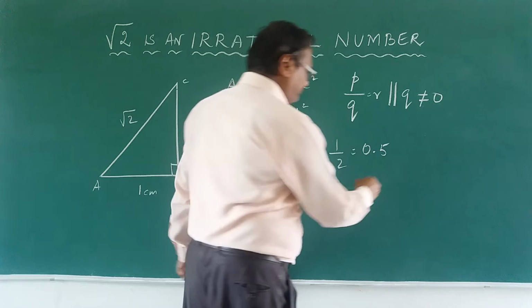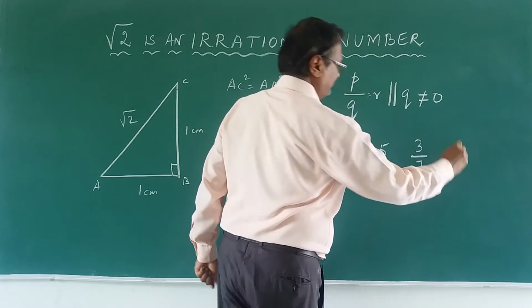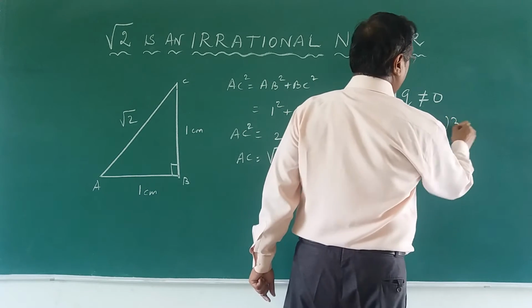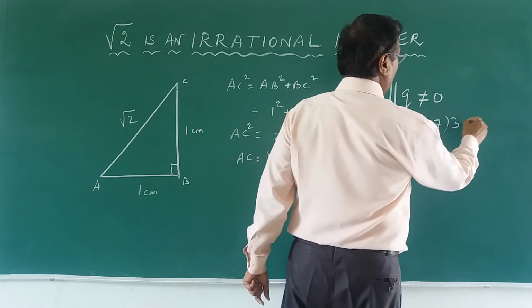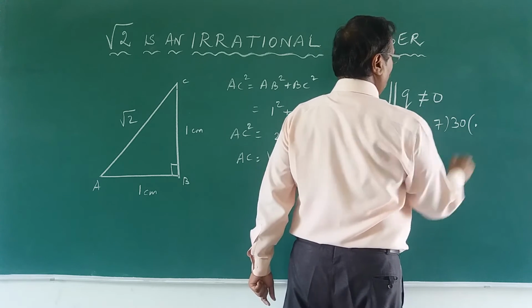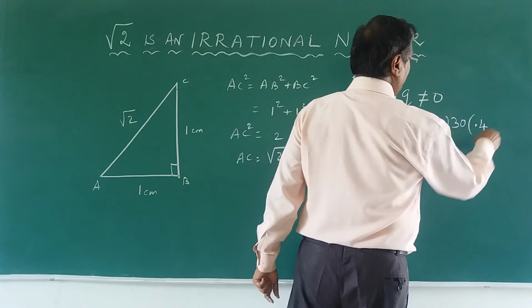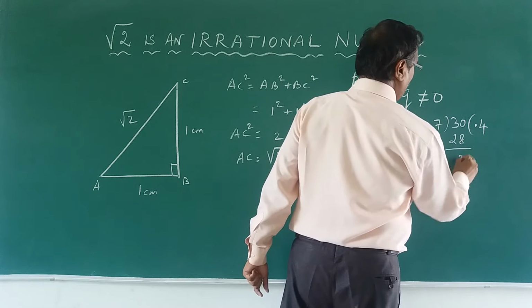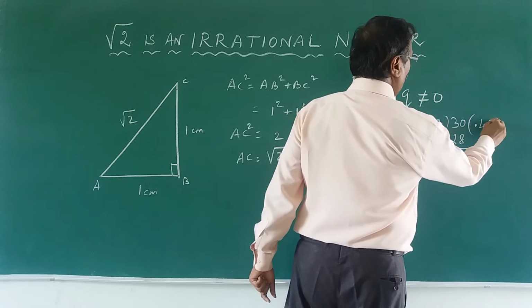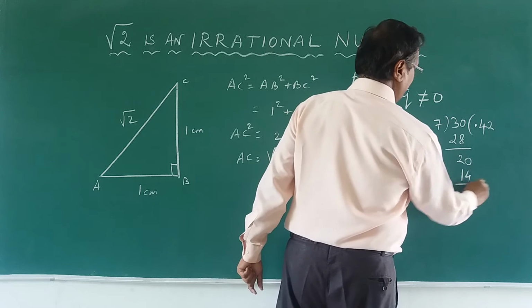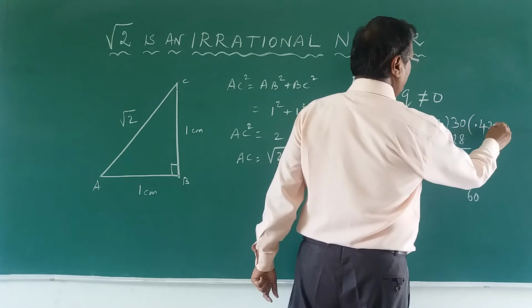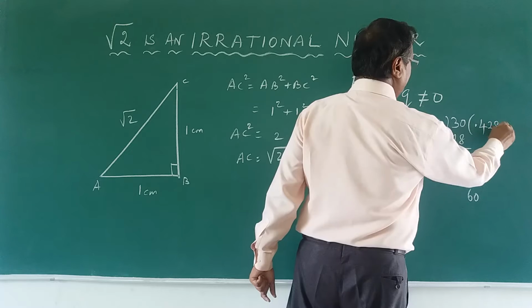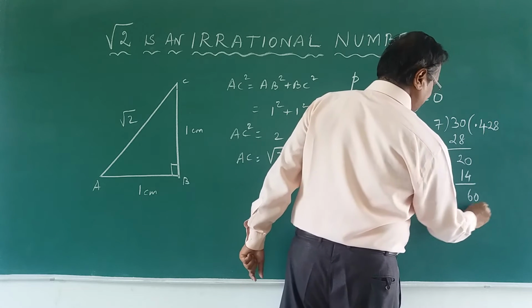Now I take for example 3 divided by 7. Put a point here, 0. So 4 times it will become 28, remainder 2. 20, 2 times it will go 14. 6, 60, it will go 8 times, 56.